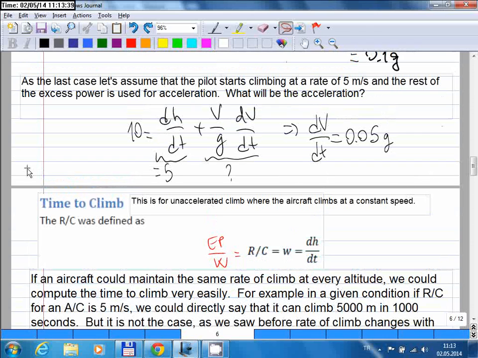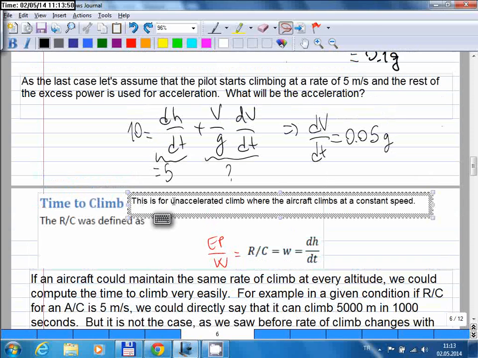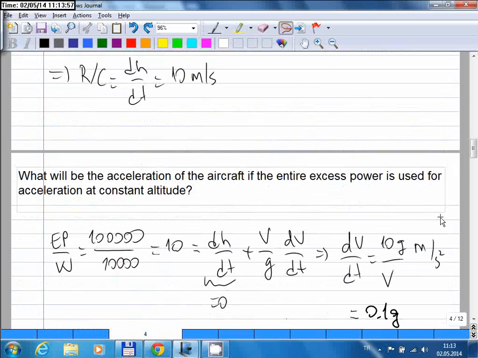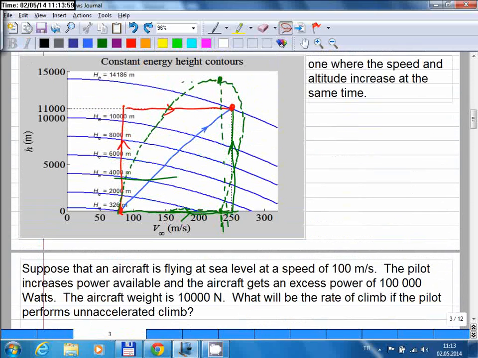So if we could keep the rate of climb constant, then it would be very easy to calculate, right? For example, by the way, in time to climb, we're assuming that we're climbing at constant speed. So we are only considering the time to climb if you follow this path.